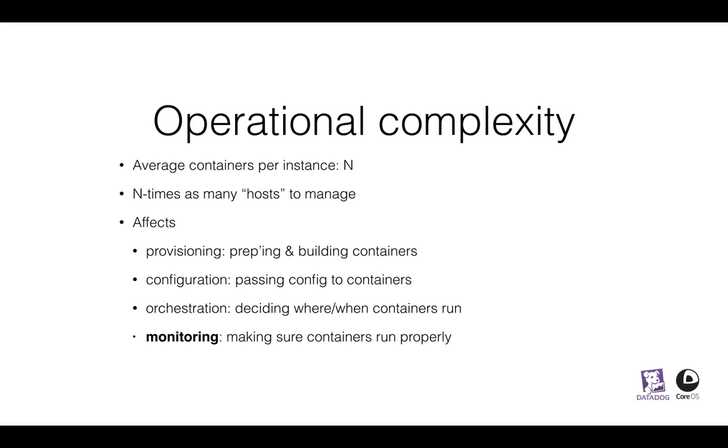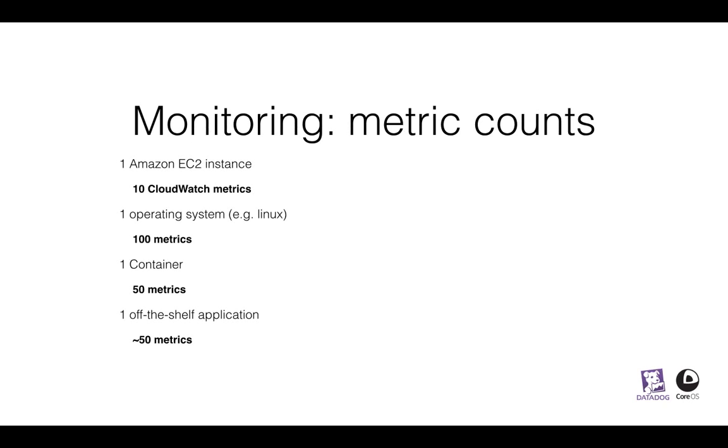We see some people using hundreds of containers per instance, but on the average, it's about 5 or so. But as that number increases, as more people put more and more containers, everything gets more difficult. Provisioning, configuration, orchestration, and of course, monitoring. Just making sure all those containers are running properly and keeping an eye on everything.